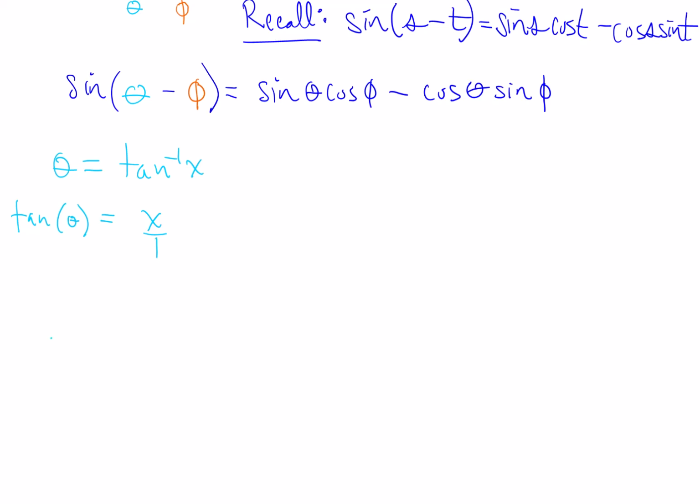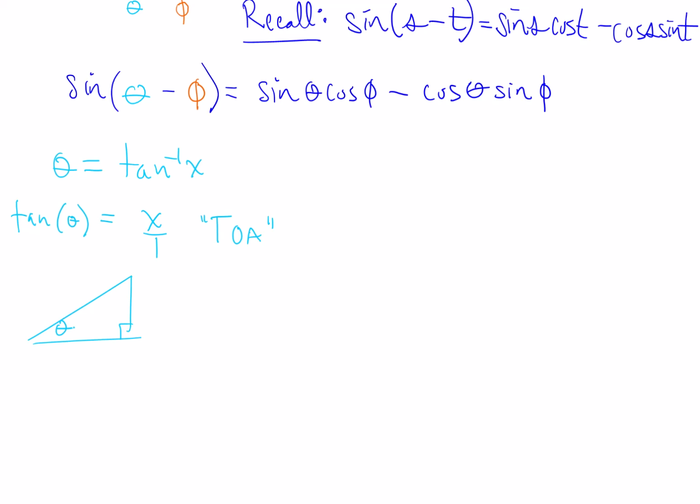And that might actually help, because if we then draw a right triangle, and remember our TOA for SOHCAHTOA, tangent is opposite over adjacent, then we can label our theta in one of the acute angles of a right triangle.